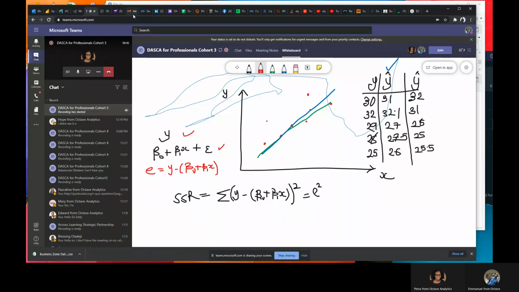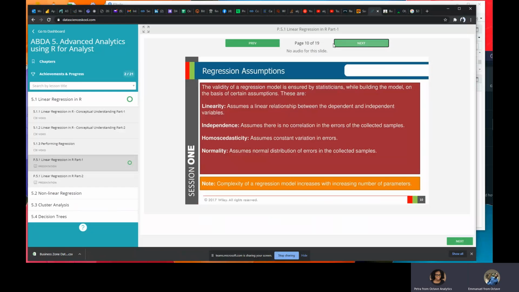You have a linear relationship between both of them. Independence: assume there is no correlation in the errors of the collected samples. Homoscedasticity and normality: assume there's a normal distribution of errors in the collected samples. So these are the 4 assumptions you have to consider.